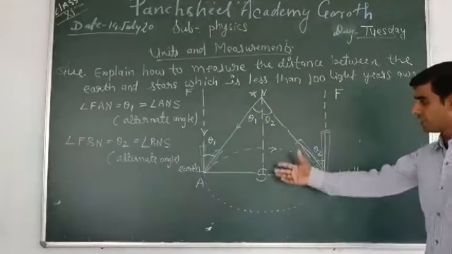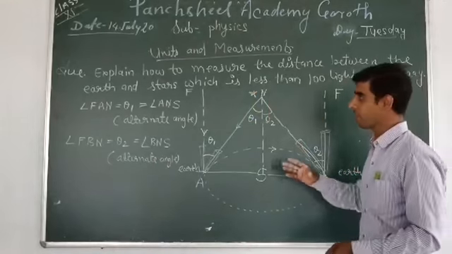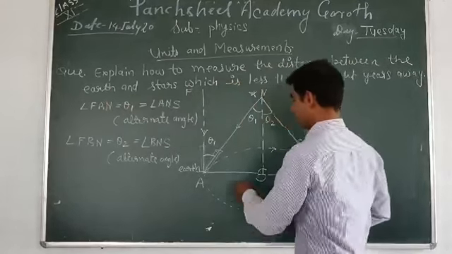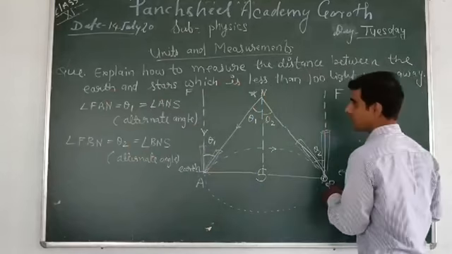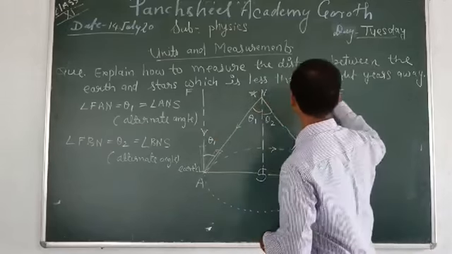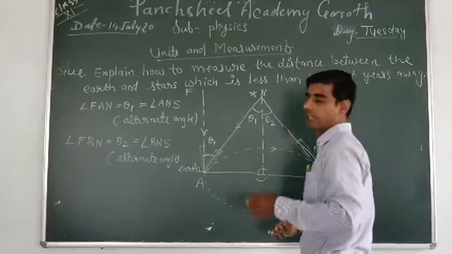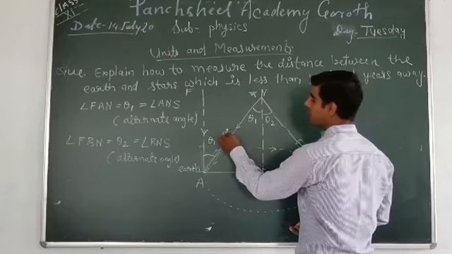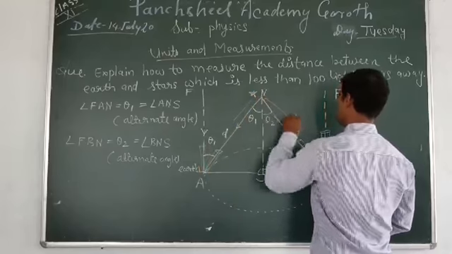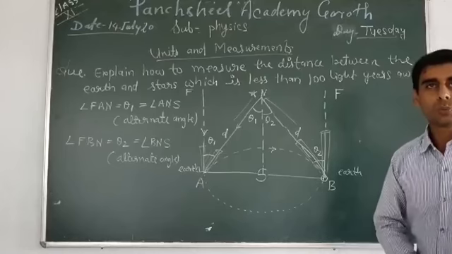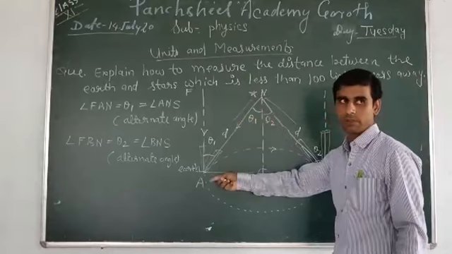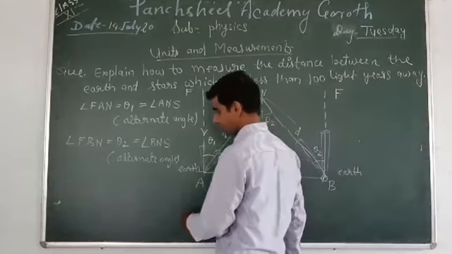Okay. From this method, what is my purpose? My purpose is to measure the distance between the Earth and the star. This is the Earth, this is also Earth, two different positions of Earth, and stars less than 100 light years away are near. We want to find the distance D from this. So we want to measure the length between Earth and star.